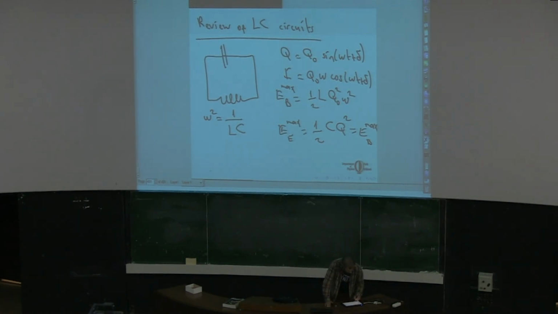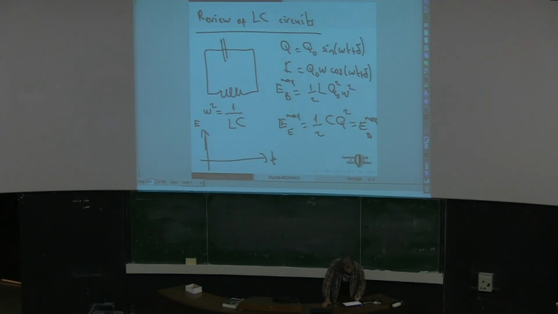So if you would plot electric energy as a function of time, this is the energy stored in the electric field, and this will be the energy stored in the magnetic field. The sum will always be constant. And just like the Q and I, it will be oscillating from the maximum value to 0 and back up.